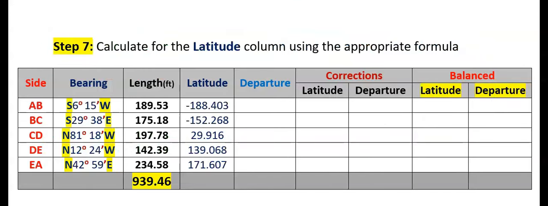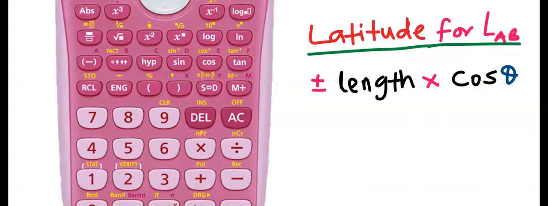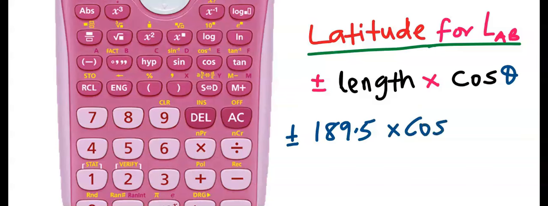To calculate for the latitude of A to B, we are going to need the bearing of A to B and the length of A to B. Hence, the latitude for A to B is plus or minus the length, 189.5 feet, multiplied by the cosine of 6 degrees and 15 minutes.